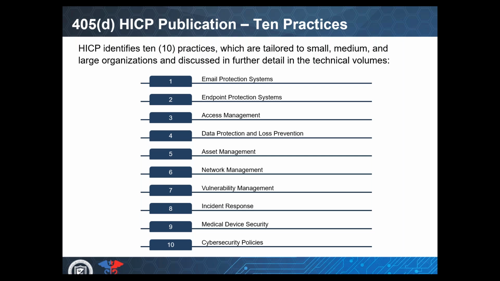But there are also tools out there that can scan links for malicious websites behind them before they end up in an inbox, scanning attachments, things like that. Email protection systems is imperative for protecting the number 1 threat vector that we see across all industries.